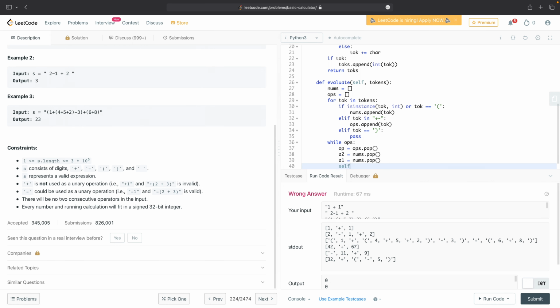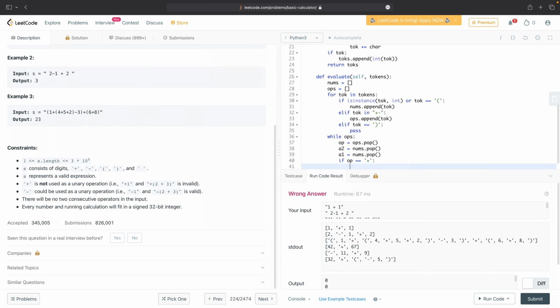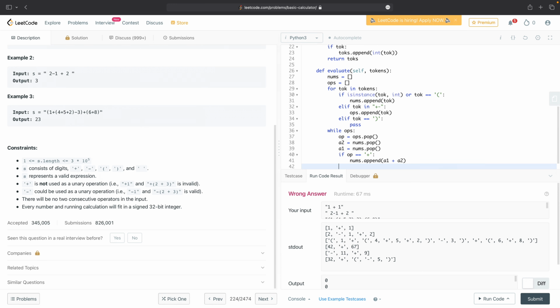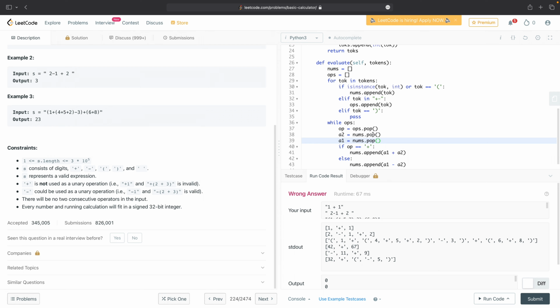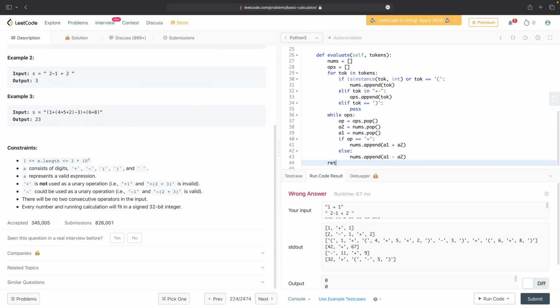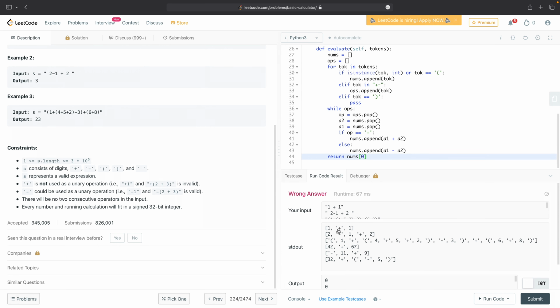And then I want to do if op is equal to plus, nums.append A1 plus A2, else nums.append A1 minus A2. There's some mess around here with negatives, but for now that'll do. So we should pass the first and second cases.